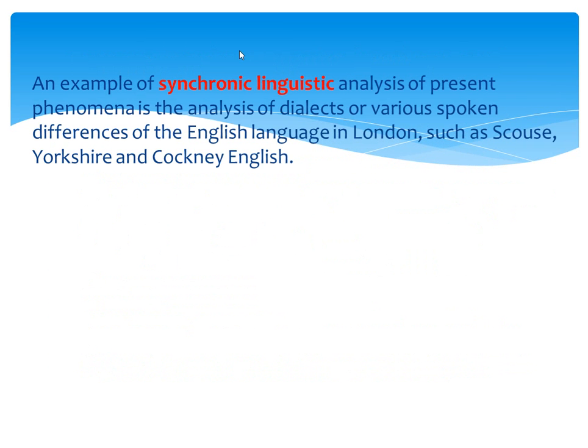An example of synchronic linguistics is the analysis of, say, some dialects or spoken Englishes in Britain, say the Scouse, the Yorkshire, the Cockney English, and these Englishes are spoken at a given point in time, and when we study the difference between these dialects it is synchronic linguistics.